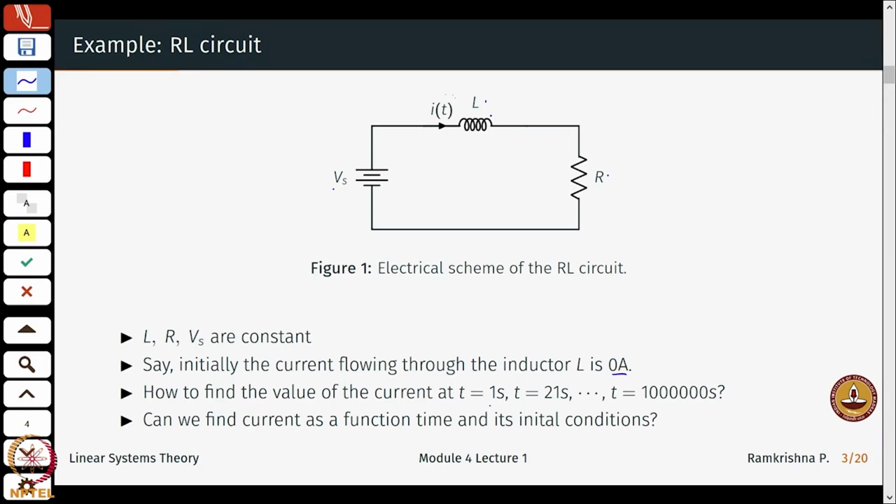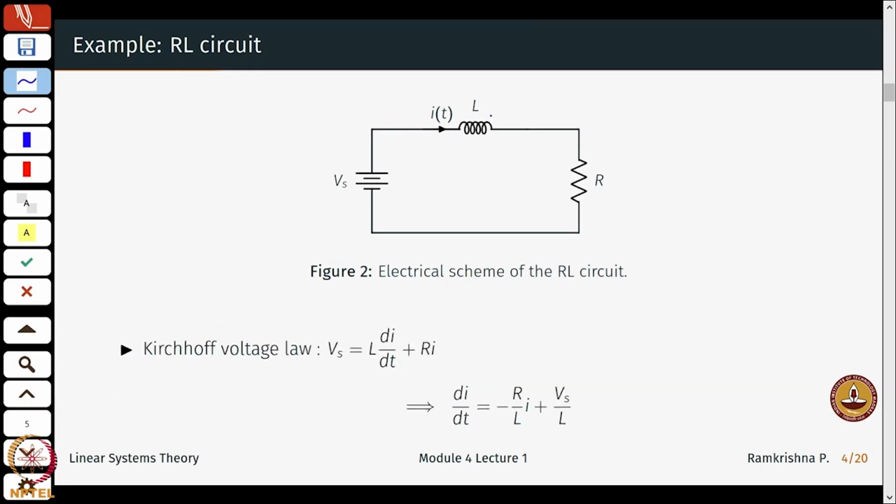So, can we find the current as a function of time and its initial condition is our question, and we would have solved this equation several times in maybe a first course on networks, a first course on control engineering, and more obviously in a first course on differential equations. So, we will just revisit that for our own benefit and for continuity or self containment in the course.